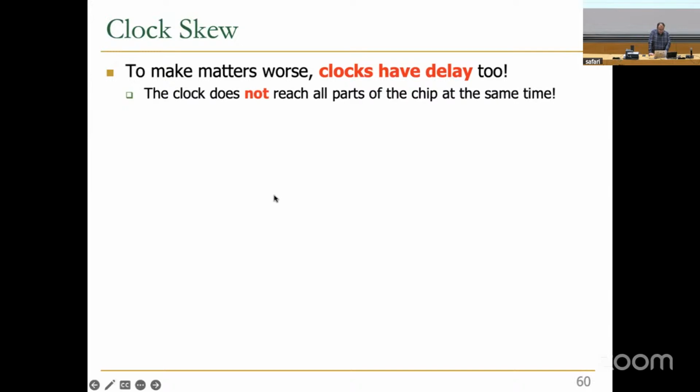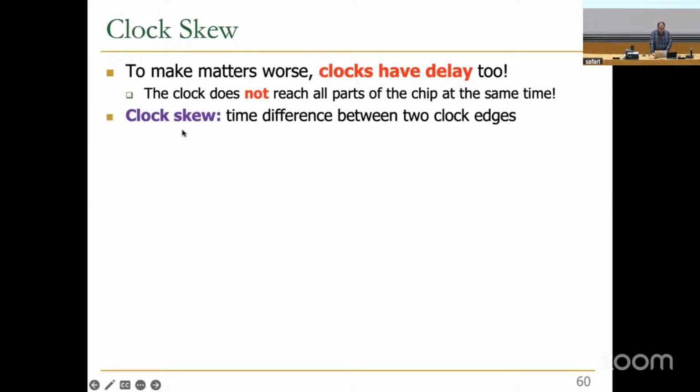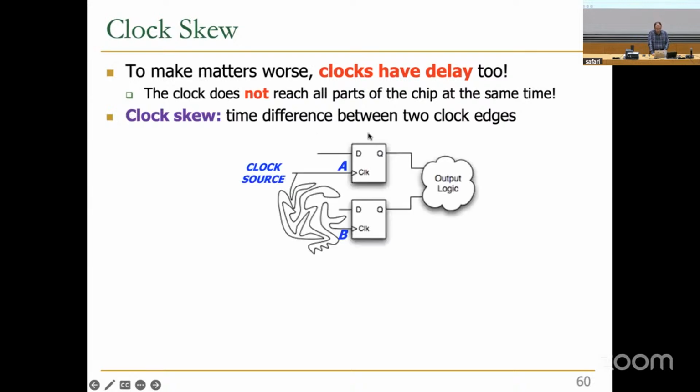But essentially, to make matters worse, clocks have delay too. Basically, the clock does not reach all parts of the chip at the same time. We call this clock skew, the time difference between two clock edges. Here is an example. For this flip-flop, your clock reaches at a certain time, but this is your clock source. It may take a lot of long paths to reach the second flip-flop.